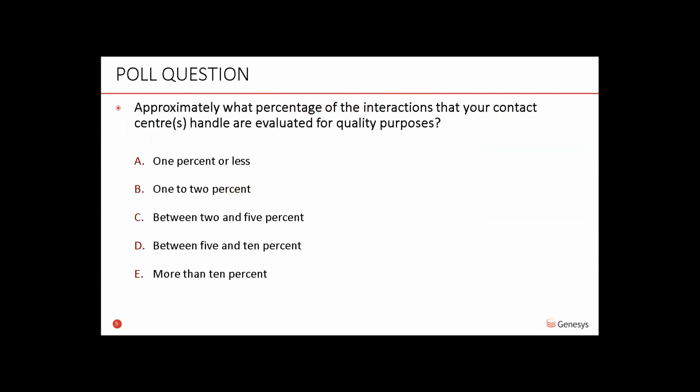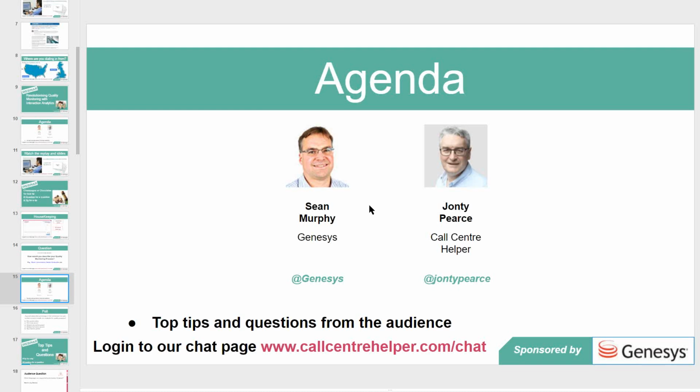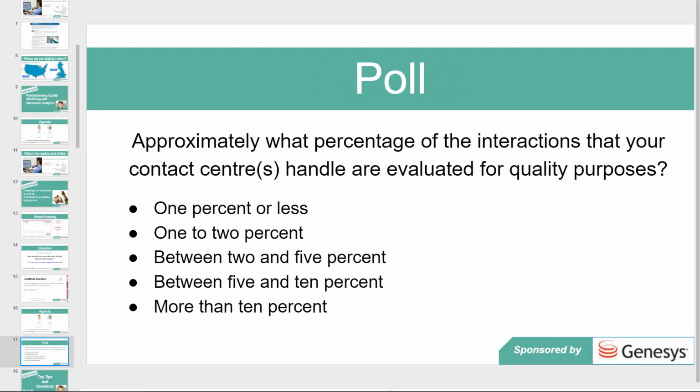So at this point, we thought it would be good to ask a poll question, and I think, Conti, you'll go ahead and administer that question, right? Yeah. Indeed. So here's the poll question. Approximately what percentage of the interactions that your contact center handles are evaluated for quality purposes?